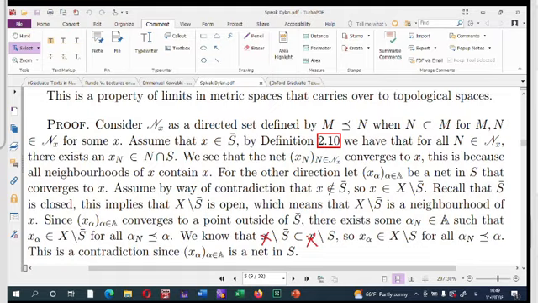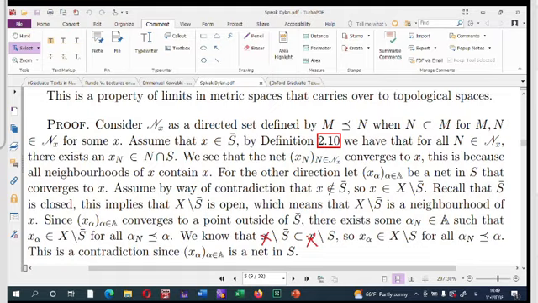Now assume that x belongs to S bar. By definition 2.10, we have that for all neighborhoods of x, there exists an element in this intersection. This intersection must be non-empty, so we have an element in this set.